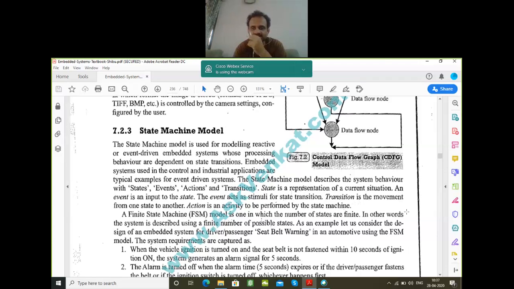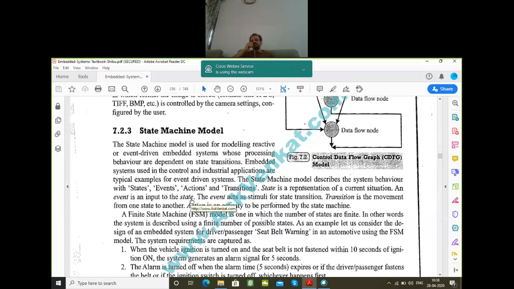State is a representation of the current situation. Now what is the current situation? That is given by the state. It can be a present state, previous state, or the next state. An event is an input to the state. So if you want to determine the present state, then what is the next state?